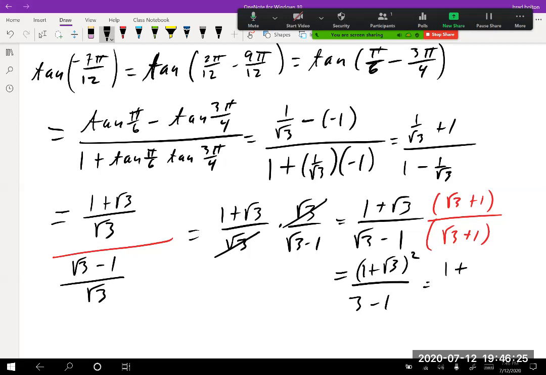So this would be 1 plus 2 square roots of 3 plus 3 all over 2. So that would be what? 4 plus 2 square roots of 3 over 2. Cancel, cancel, cancel. That's a 2, that's a 1. We end up with 2 plus the square root of 3.